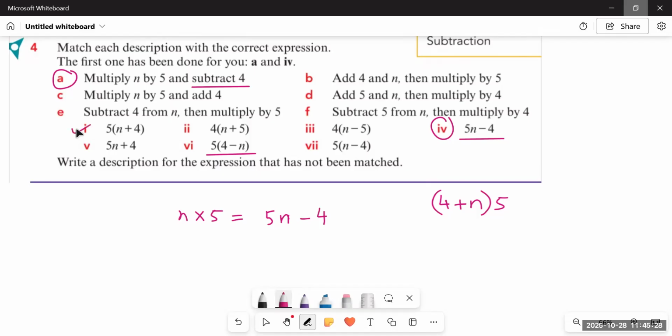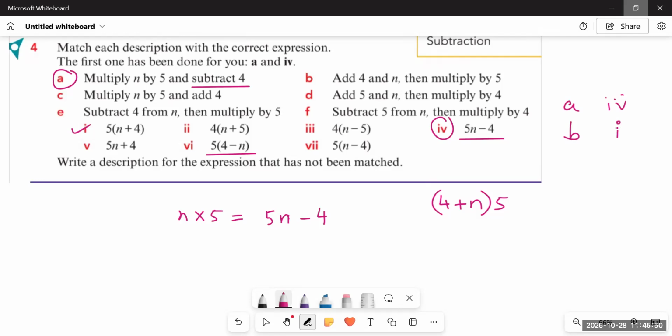So we can write A is number 4, B is number 1.